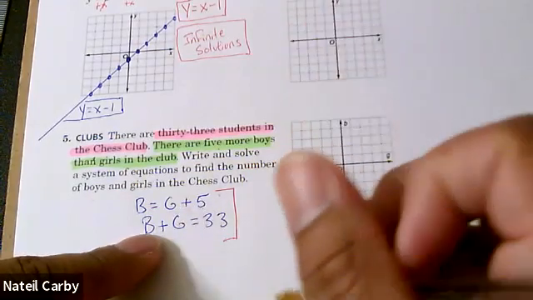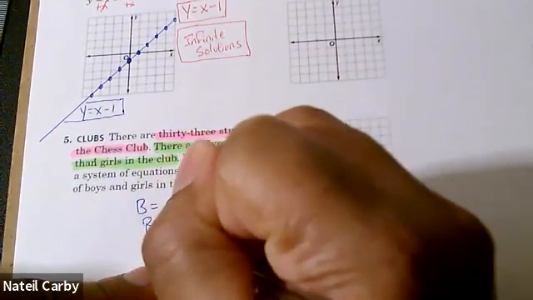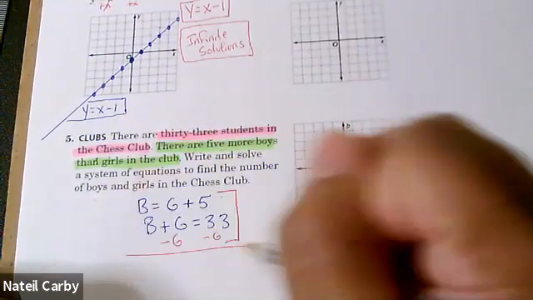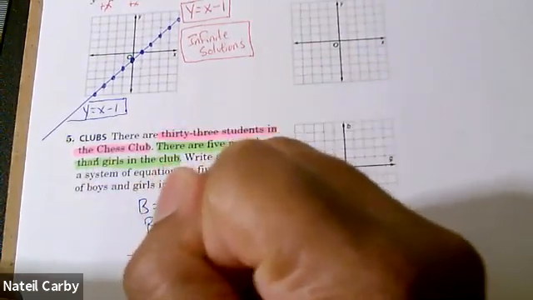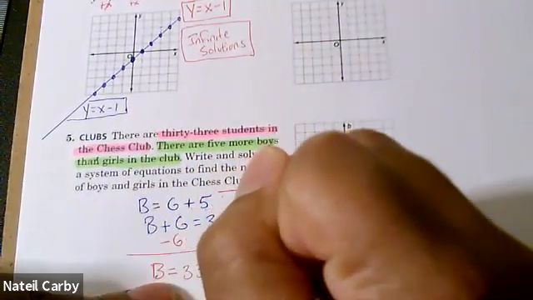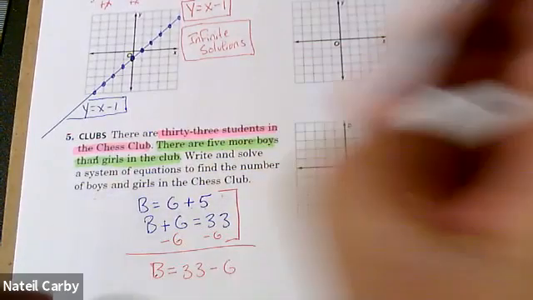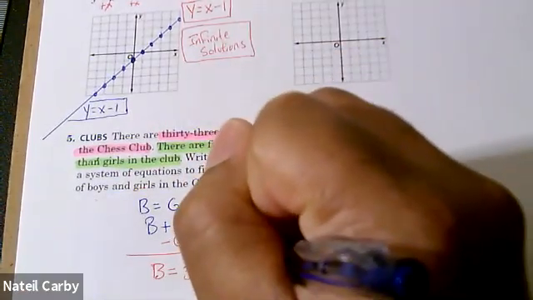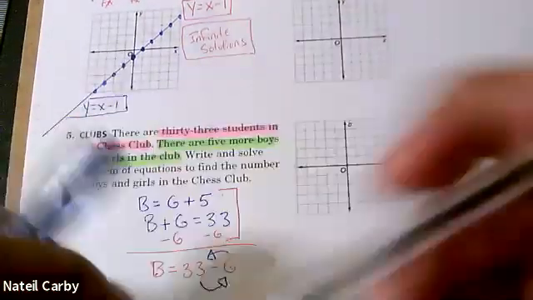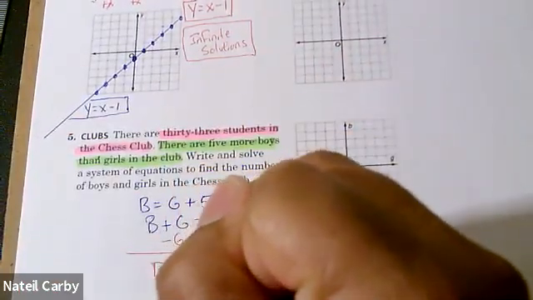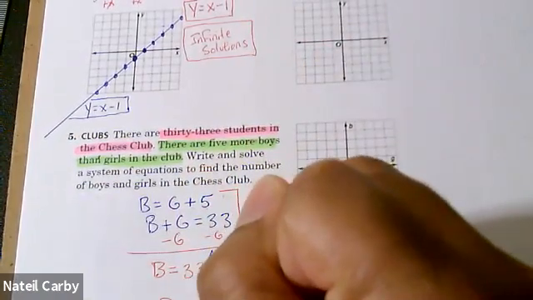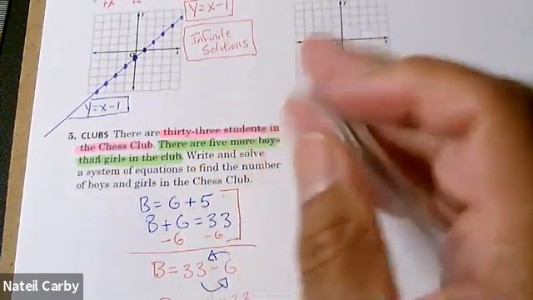So how can I do that? Subtract G. And my G's look like 6s. I apologize. So now we have B is equal to 33 minus G. And then remember, do the old alley-oop. B is equal to negative G plus 33.